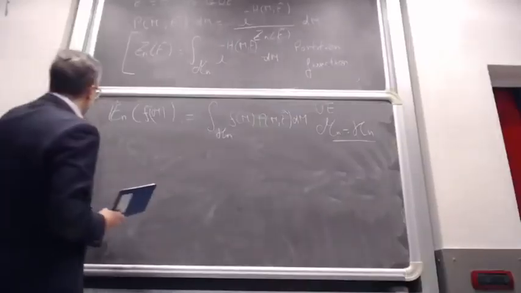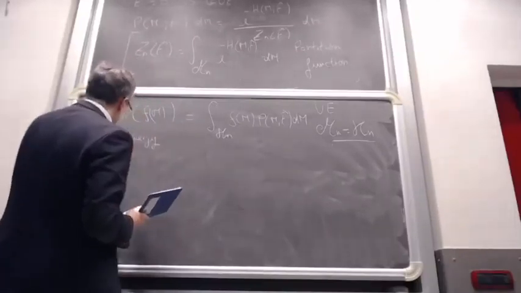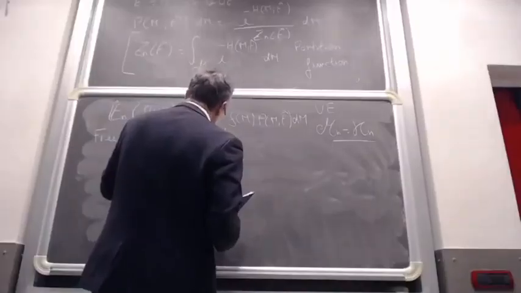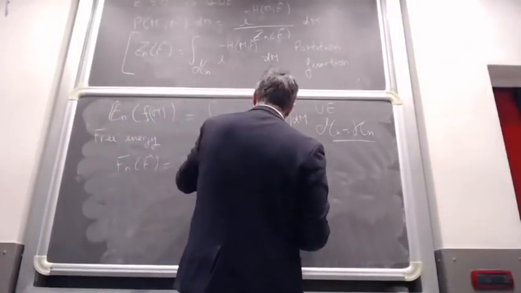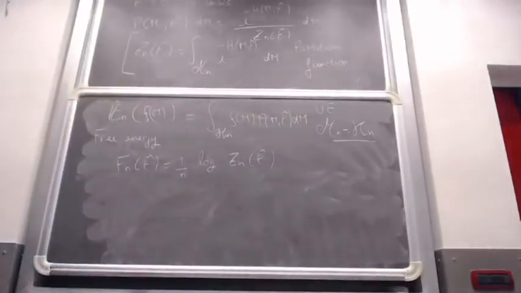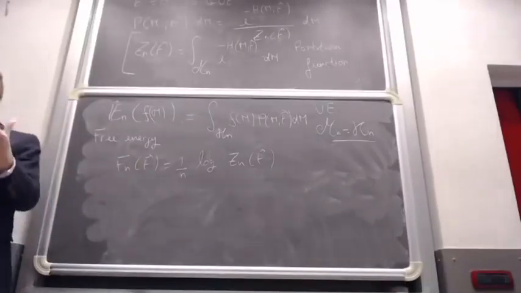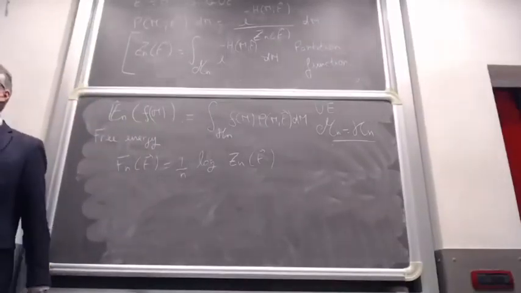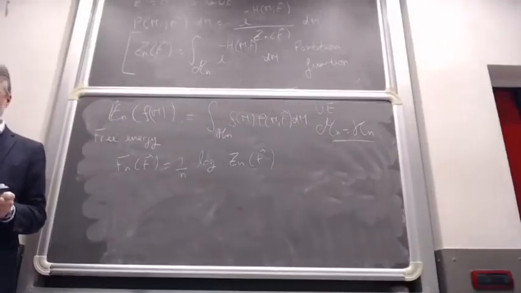And then we introduce the free energy, which would be Fn of t as given by 1 over n, the log Zn in dt. The size of the matrices is small n this time, the size of the system. I switched from capital N to small n because later I will use capital N as the typical scale for the large n limit.